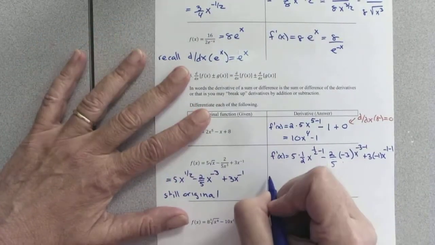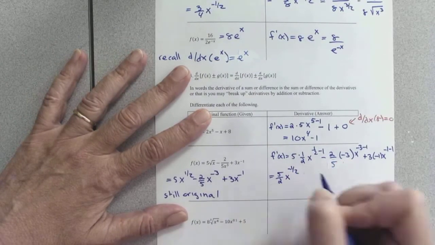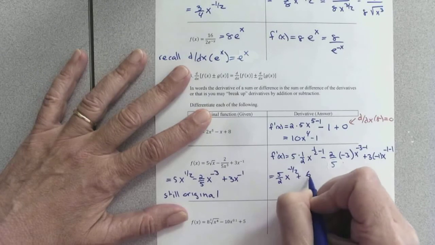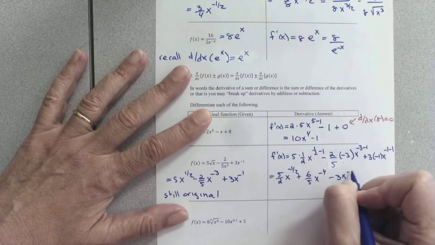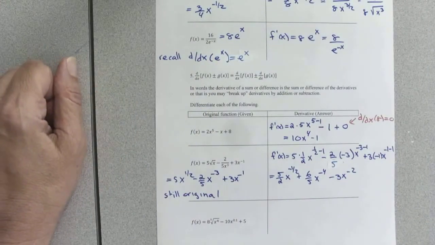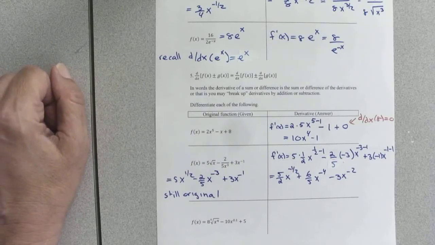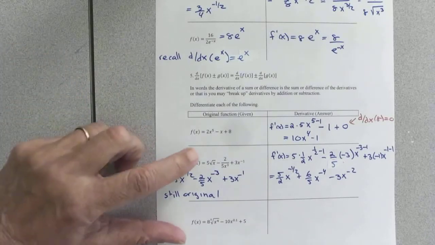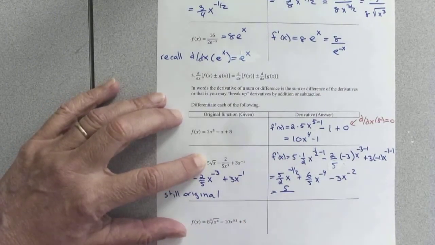And then start to simplify. So that's going to be 5/2 x to the negative 1/2 plus 6/5 x to the negative 4 minus 3x to the negative 2. And then return it as close as possible to the original format of the original problem, term by term. So the first term was a radical. Return this to a radical. The 5 stays put.